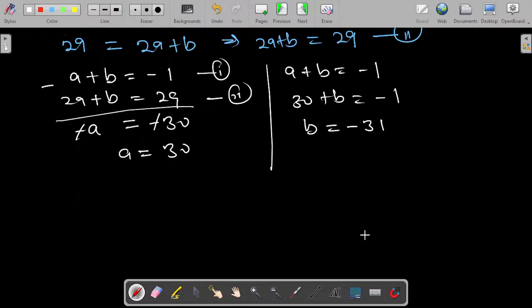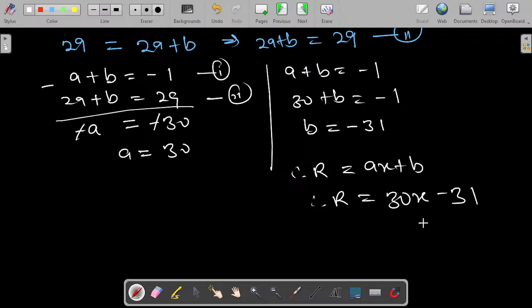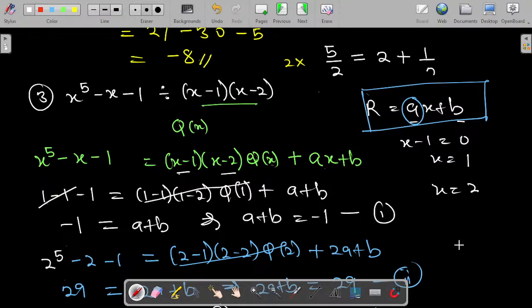Now you bring it back to the formula for remainder, which is ax plus b. Our a is 30, so 30x, and our b is minus 31. So the remainder for that division is 30x minus 31, and that is the solution for example 3.